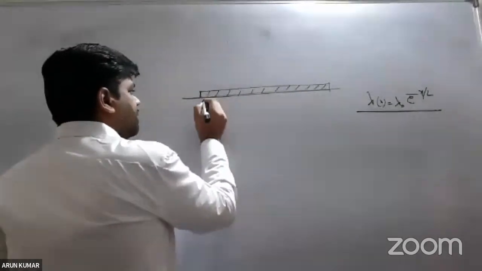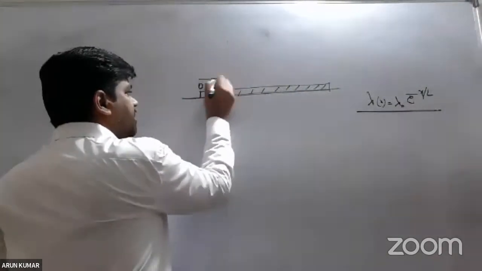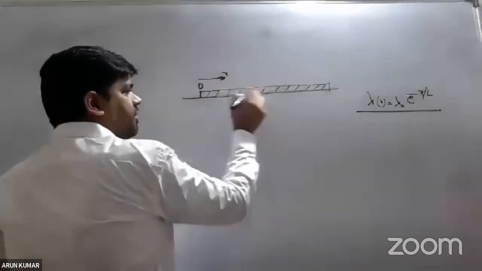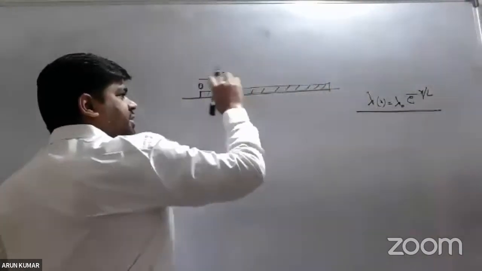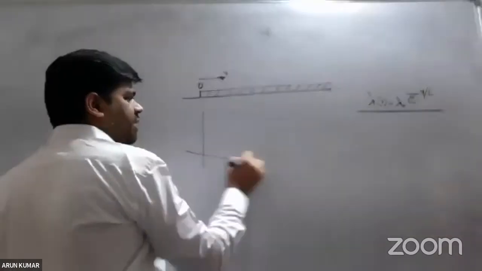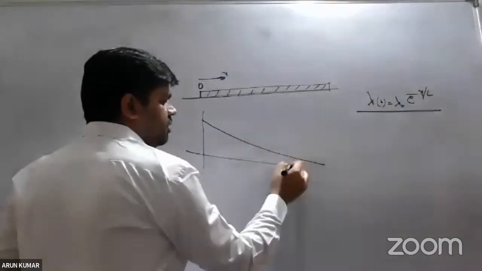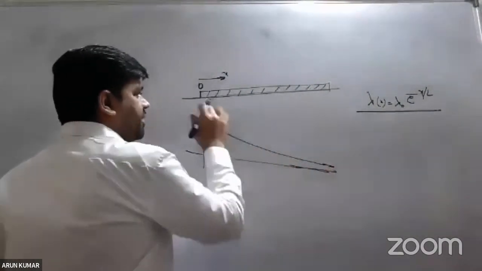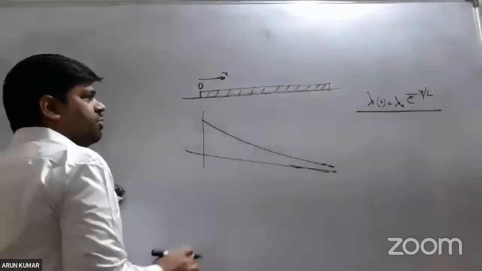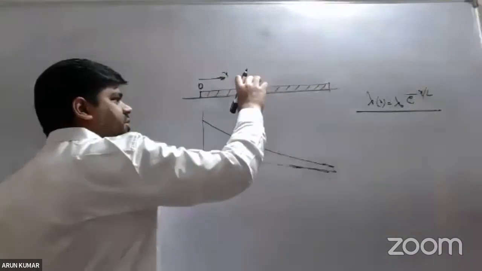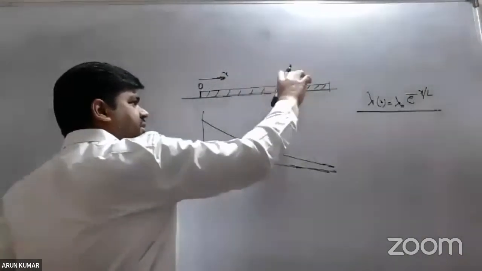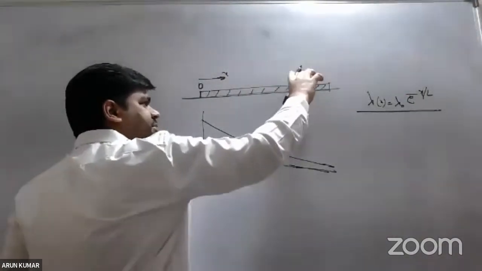So at a distance x, let's say origin is here, x is varying like this, and your mass is varying like this. My exponential function is varying like this, right? So it's thicker here, thinner here. So more mass at the initial portion, and as x increases, density becomes lesser.